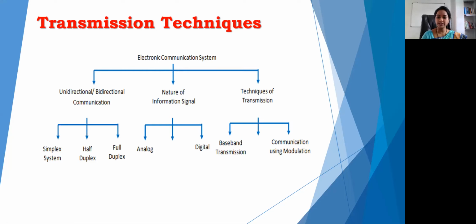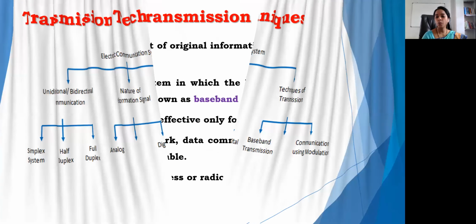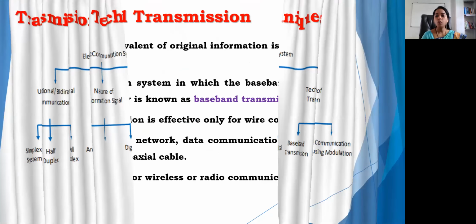You all know what it is: transmission without any modulation, the way we transmit the signal after getting it from the source. One example I gave you is your landline telephone system at your home or office.